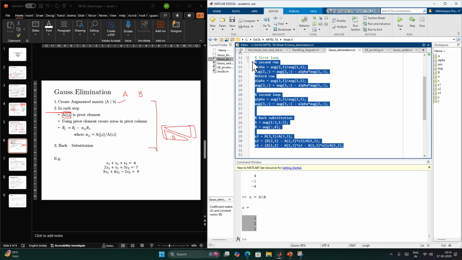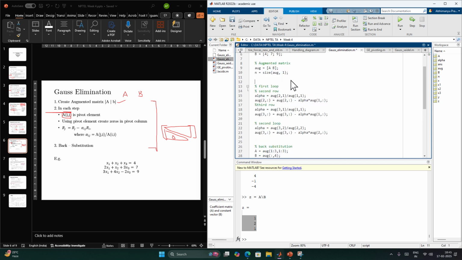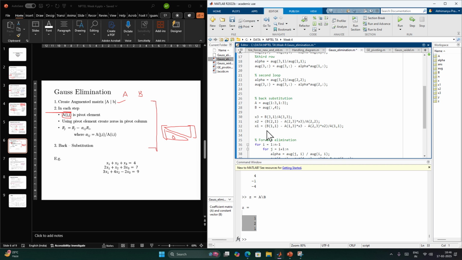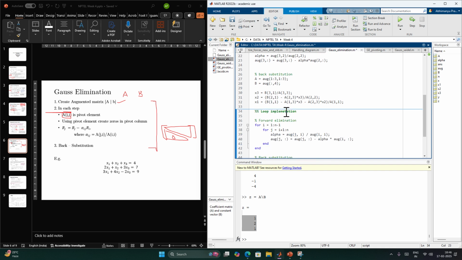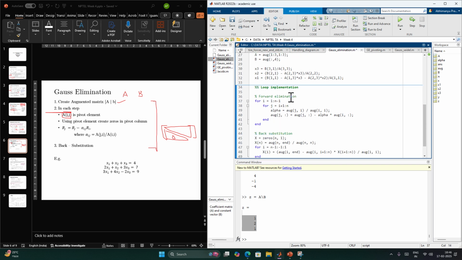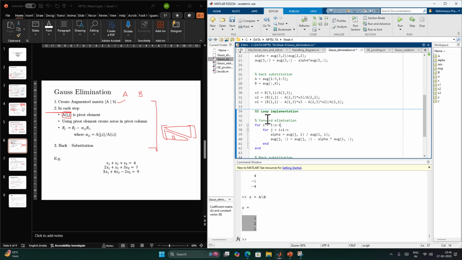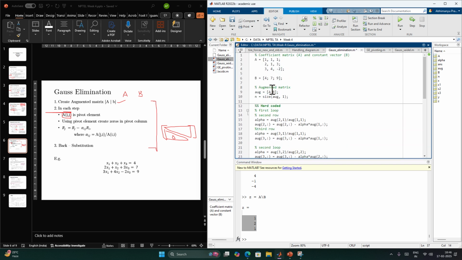Now if I try a loop implementation, this is the hard coded part. I will start my loop where n is my total number of unknowns.